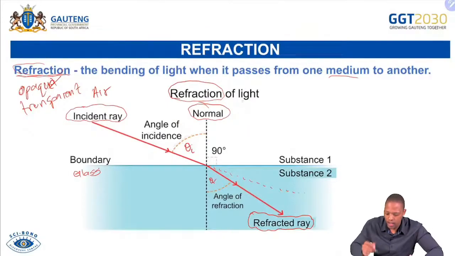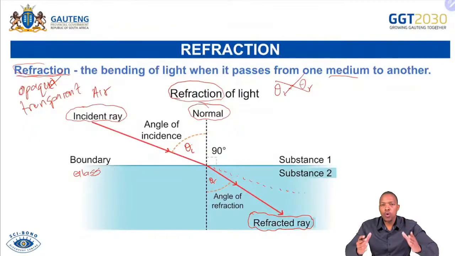Is theta I equal to theta R here? And the answer to the question is no. In this case, we are not going to have the angle of incidence being equal to the angle of refraction, okay? The angle of refraction will always change from what the angle of incidence was, okay?